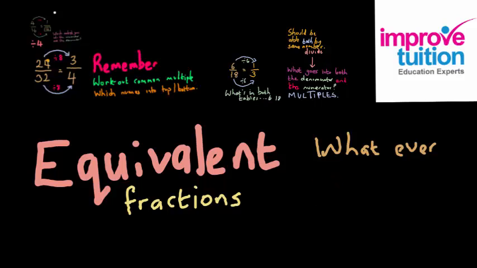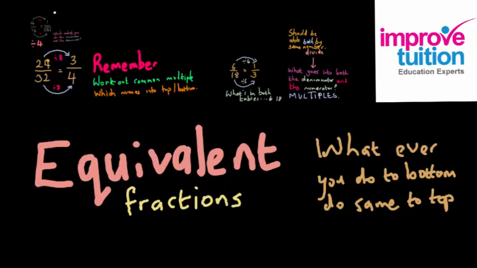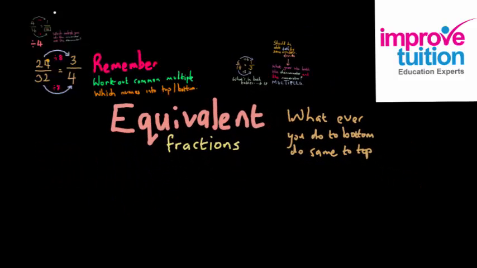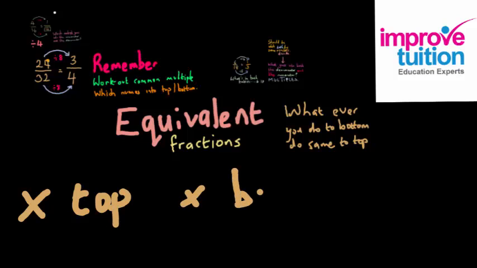So equivalent fractions: whatever goes at the top must go at the bottom. Whatever you multiply by at the top, you multiply by at the bottom. Whatever you divide by at the top, you divide by at the bottom as well. So whatever number you use at the top, you've got to do the same at the bottom. To keep them equivalent, we need to do the same thing.